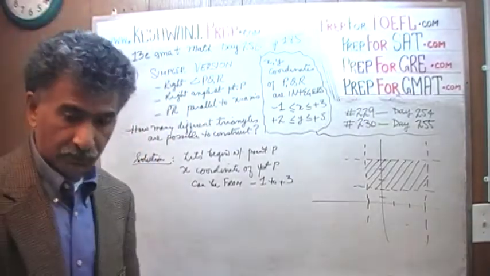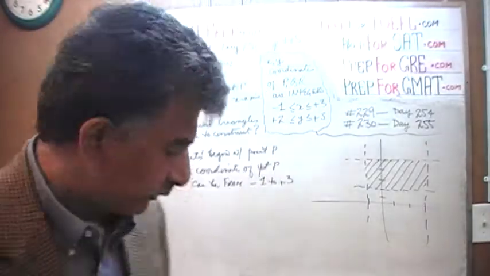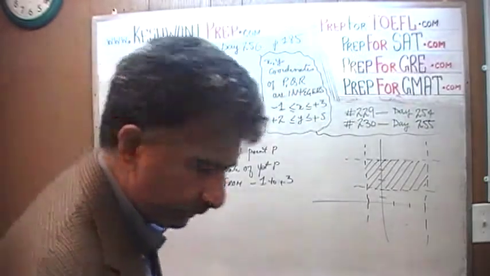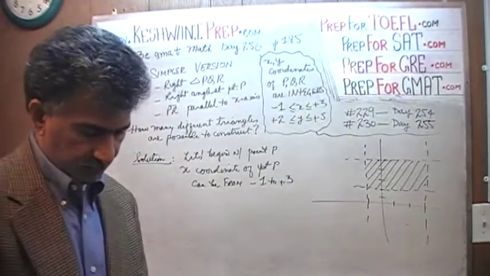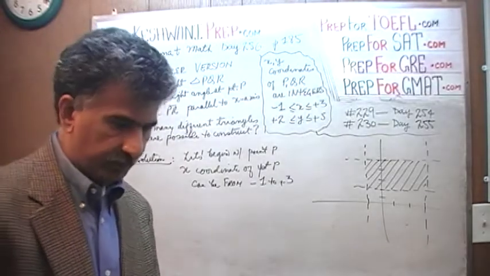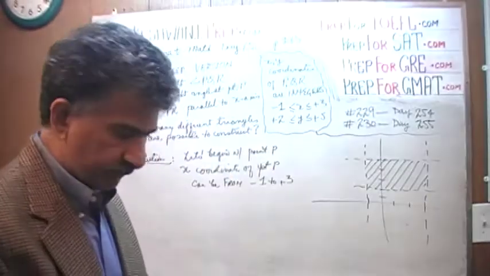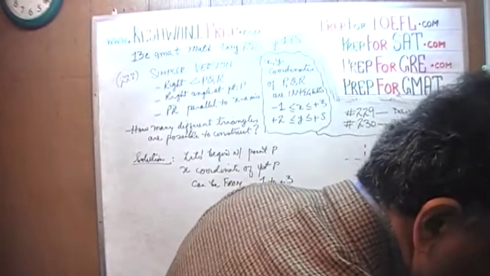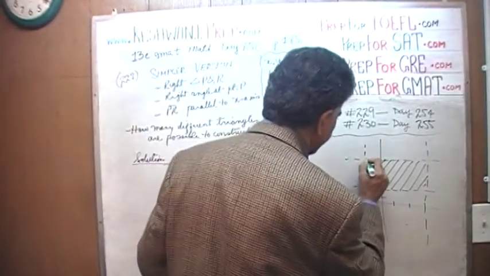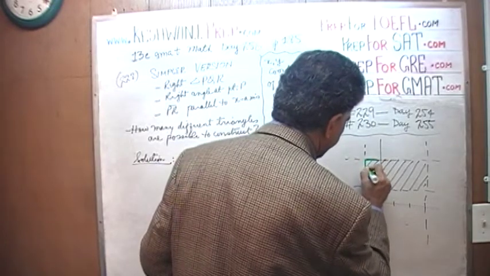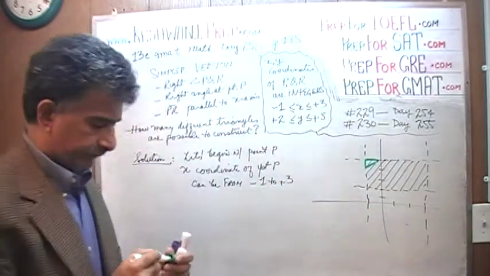For example, I'm going to draw a few of them. We're going to draw a few triangles so you can see what the possibilities are. I'm looking for different colors here. Let's take out the blue, the red, the purple, everything except the black and the green. See what we can do here. So here's one triangle right there.